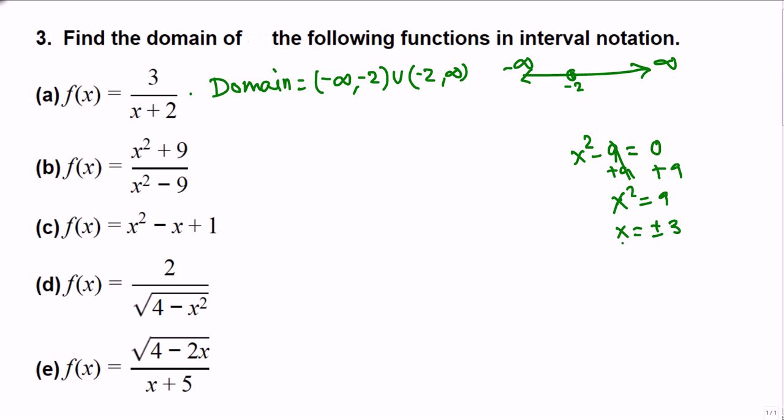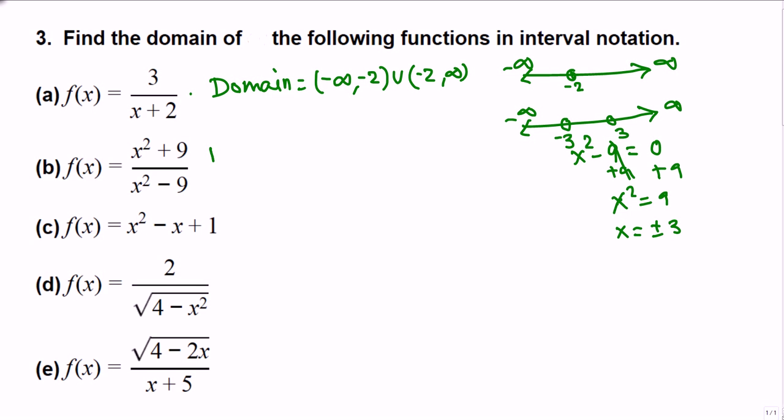So x equals 3 and negative 3 make the bottom 0, so they should not be in the domain. Let's look at the number line, negative infinity through infinity. Negative 3 should not be there and 3 should not be there.